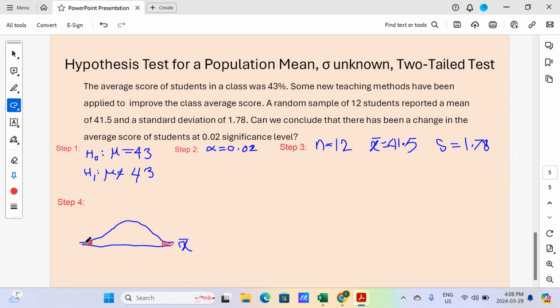Two rejection regions. The tails are the rejection region, so the area of the rejection region under the curve is equal to alpha. Alpha is 0.02. Because the total area of the rejection region is 0.02, I need to divide this number by 2. That would be the area of each tail under the curve. If you divide 0.02 by 2, you get 0.01. That's the area of each tail.